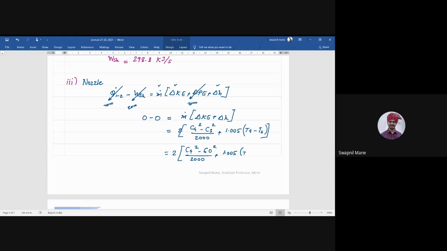Okay. And what is the inlet? 923. Yes or no? Yes, sir. Okay. So this is equal to 0. So if you see, the only unknown is C4. So what is C4 then? Tell me now.